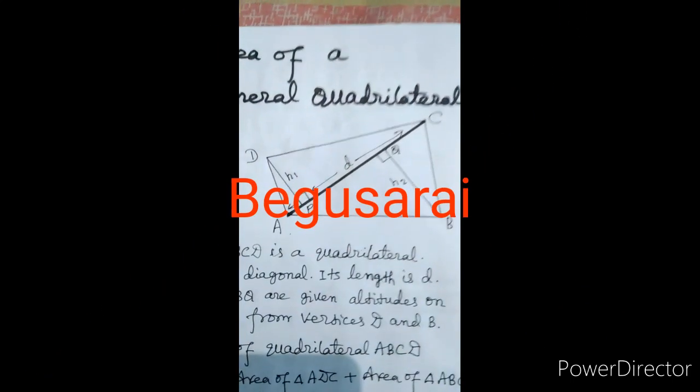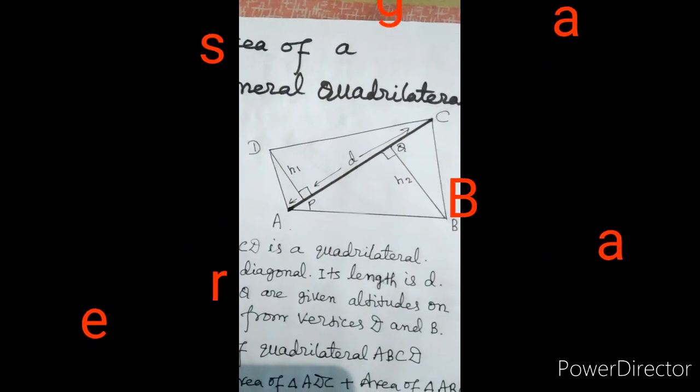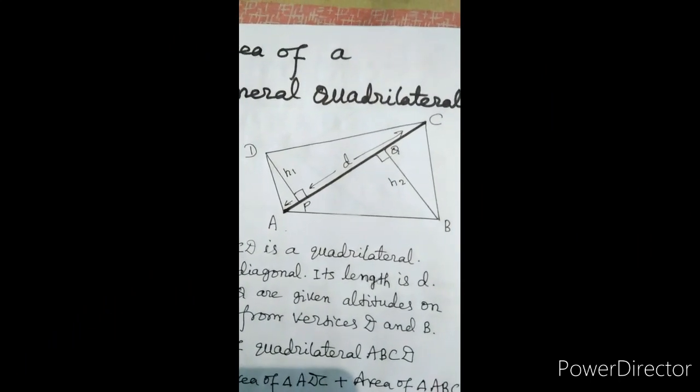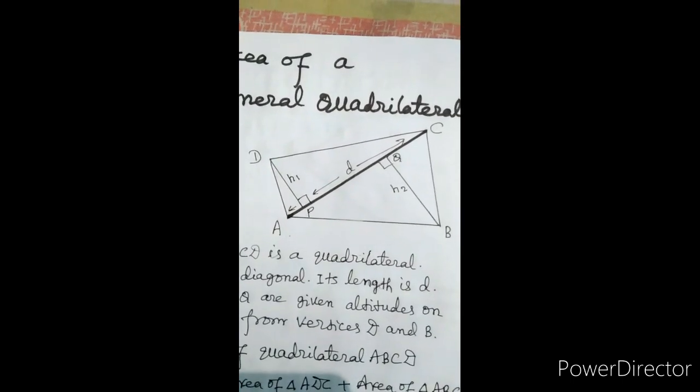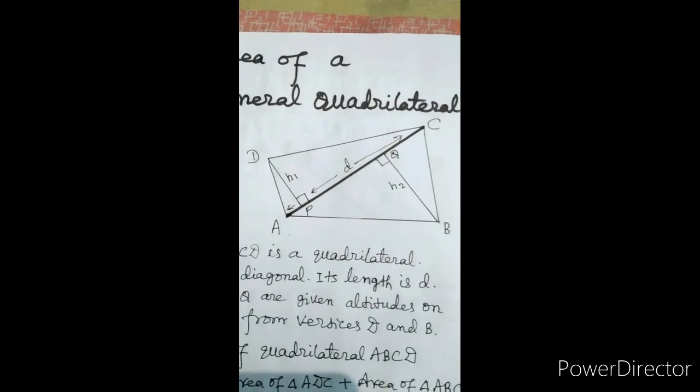So it is a quadrilateral. Quadri stands for four and lateral stands for sides. So quadrilateral is a closed figure surrounded by four line segments.